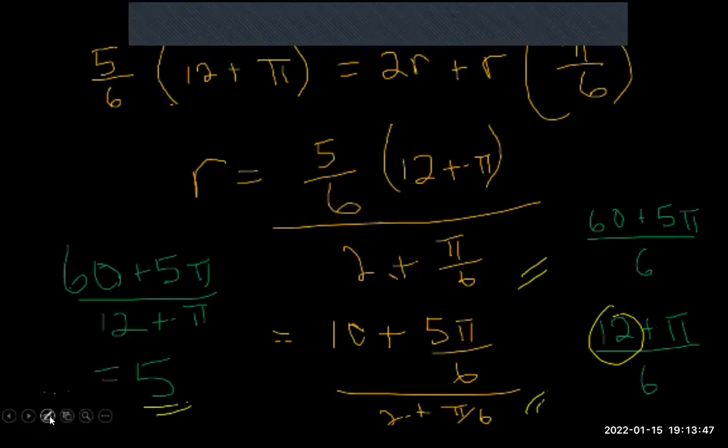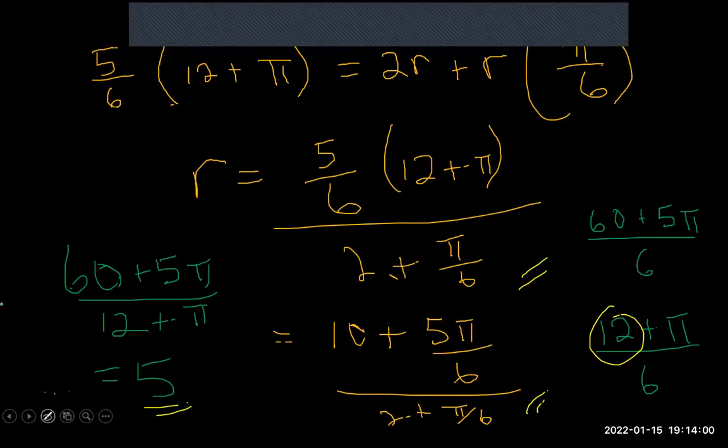Let me write it down. What I was going to say is it matters for you to put your calculator in radian mode when you're using the trig functions. I got 5. Okay, good.